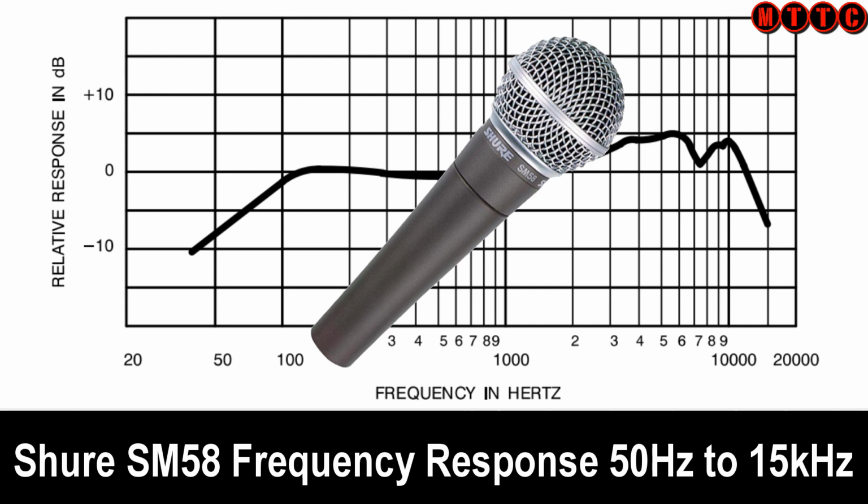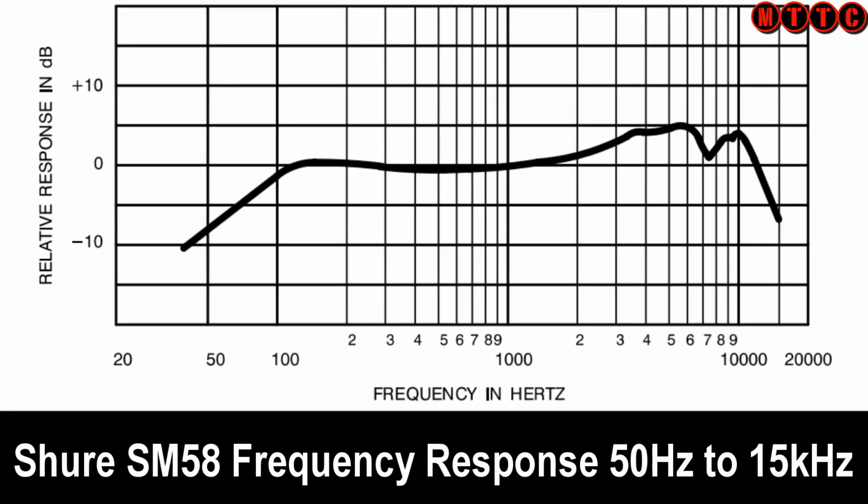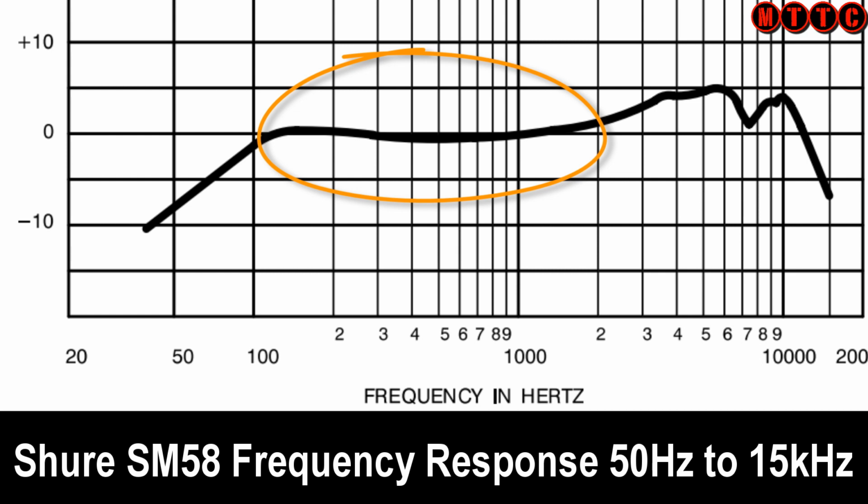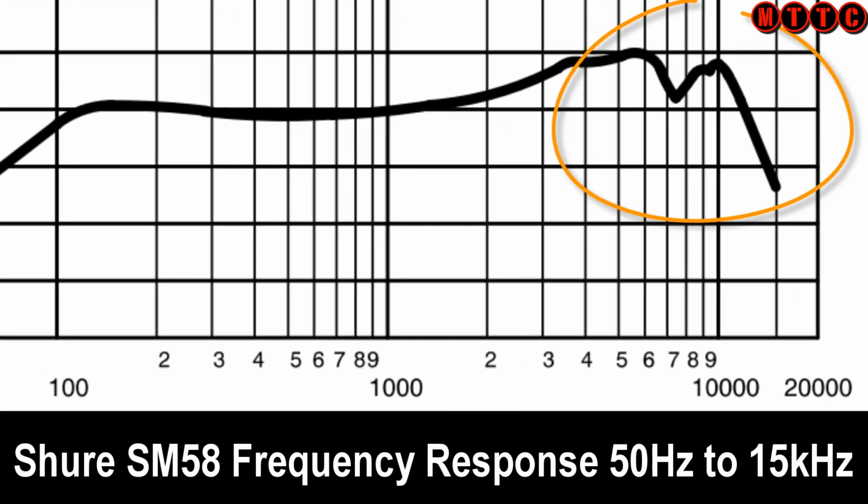Now, looking at the frequency response curve, you can see along here there is a nice roll-off of everything from 100 Hertz and below. It's a fairly steep curve, and then from 100 Hertz onwards it's fairly flat until you get to around 2 kilohertz, where there's a gradual boost until we get up to around 6 kilohertz.